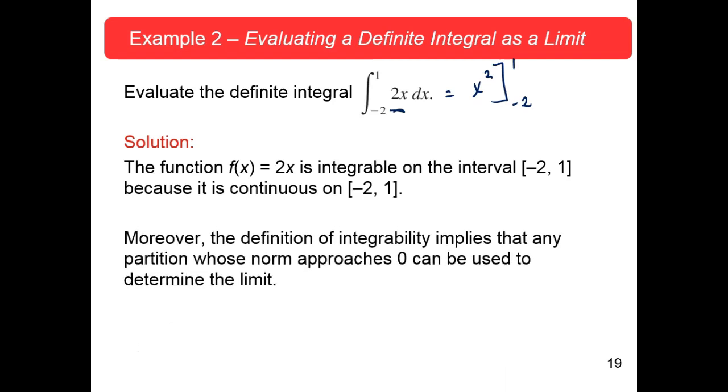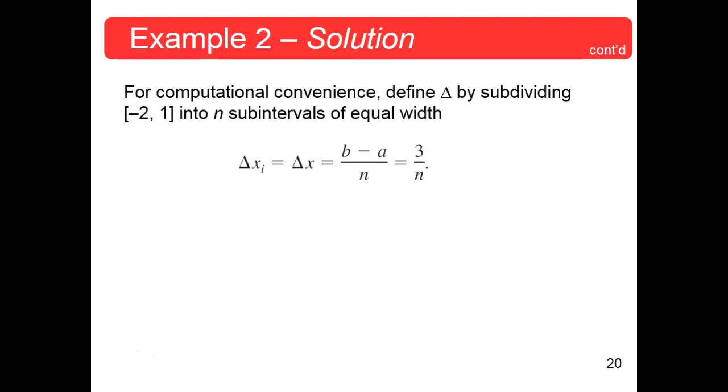Moreover, the definition of integrability implies that any partition whose norm approaches 0 can be used to determine the limit. So for computational convenience, define your partition by subdividing the interval into n subintervals of equal width, just like we did before.